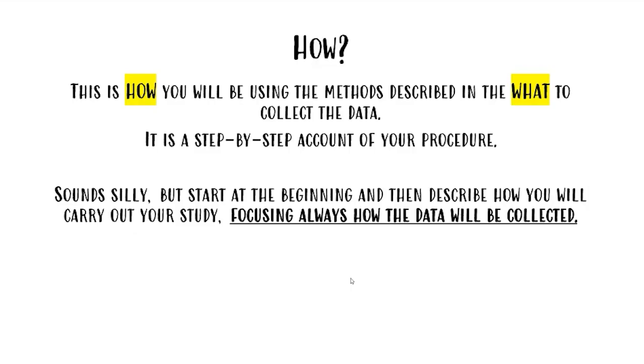So say, look, my participants will arrive at the lab. We will give them standardized instructions. We'll take their consent. We'll explain the nature of the study. Start at that point and then move forward towards the end of the study. Always focusing on how the data will be collected. So this is how you will collect data from your participants.